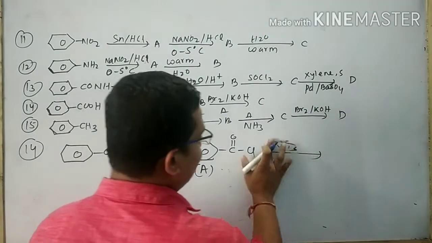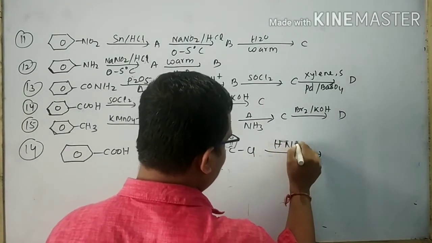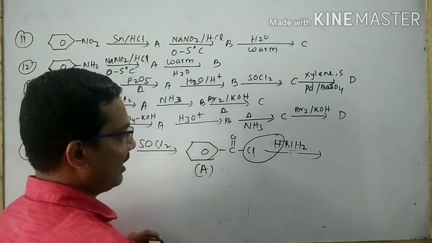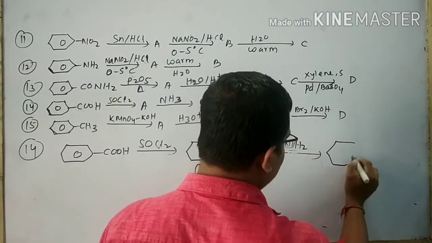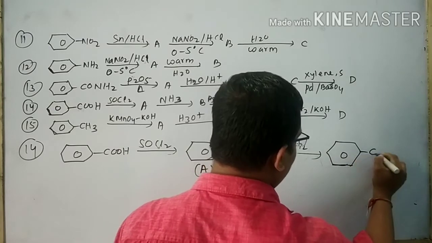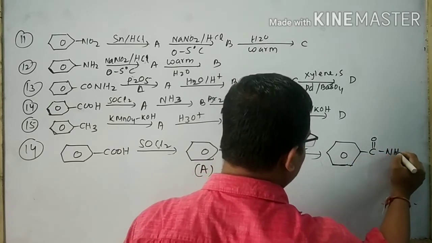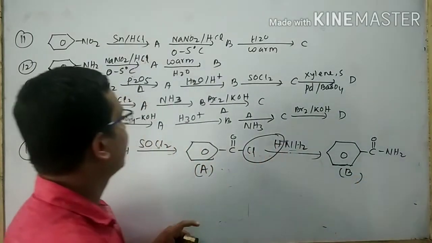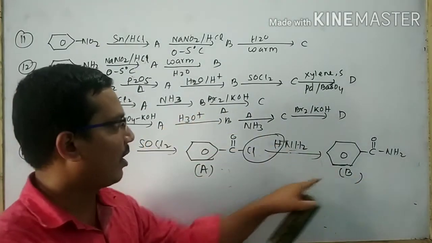We can write the NH3 like this, H and NH2. There is a loss of HCl molecule. As a result, benzamide product is formed. This is said to be the benzamide product, and it is considered as your product B.